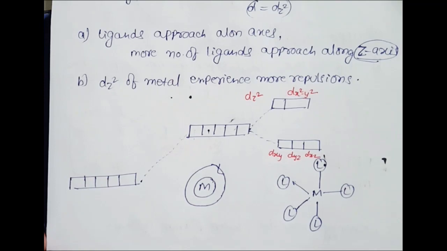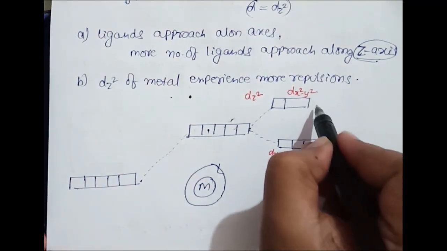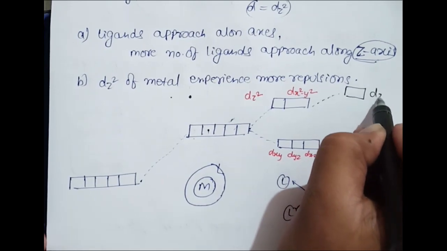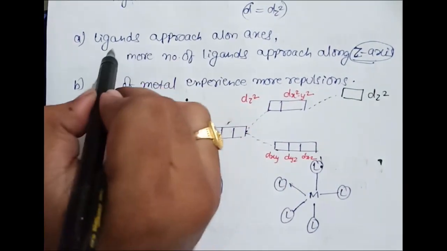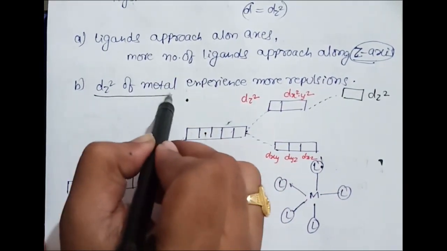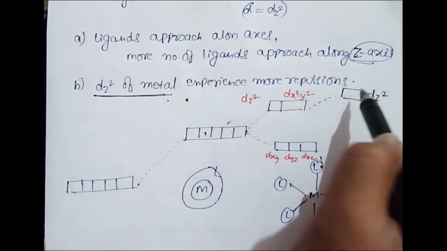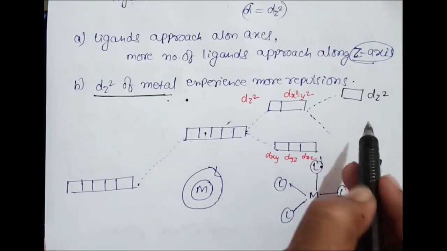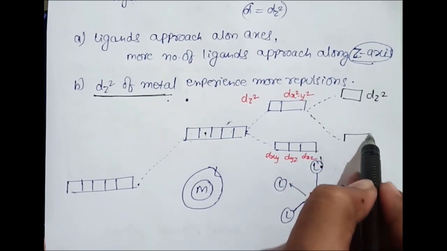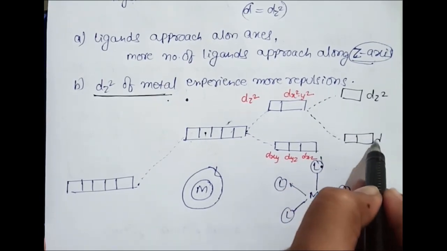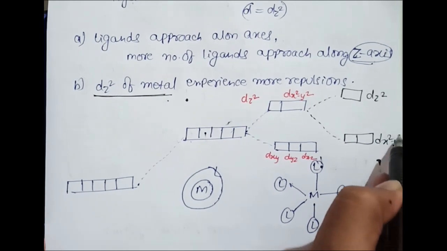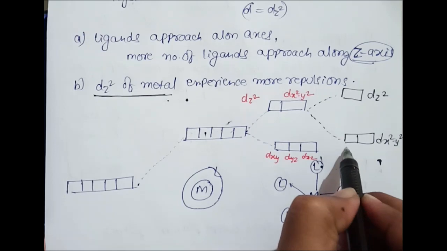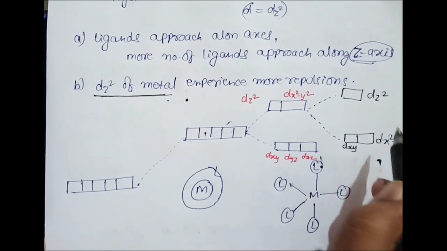Now further splitting will happen. dz square energy will increase because dz square will experience more repulsions. dx square minus y square experiences a little less repulsion. It will come here, along with dxy as well. Both experience the same.